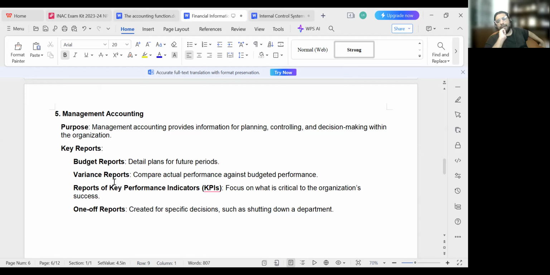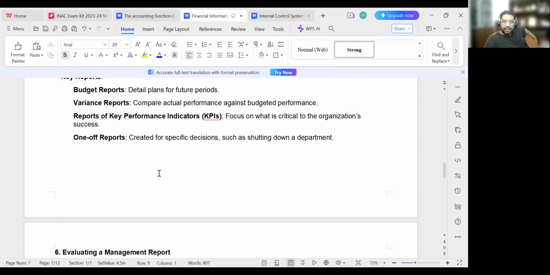So you are making the financial statements primarily for the use of external stakeholders, while management accounting is more concerned with making reports which are used by internal stakeholders like management in decision making and everything.